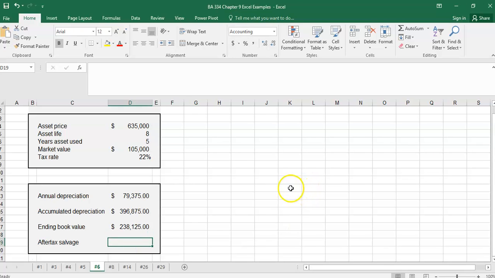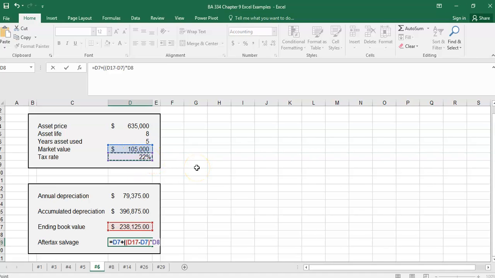Now we can calculate our after-tax salvage. The after-tax salvage is the sales price of the equipment, which here is listed as market value. We're going to sell it for $105,000. It's the sales price plus the ending book value minus the sales price, times our tax rate of 22%.